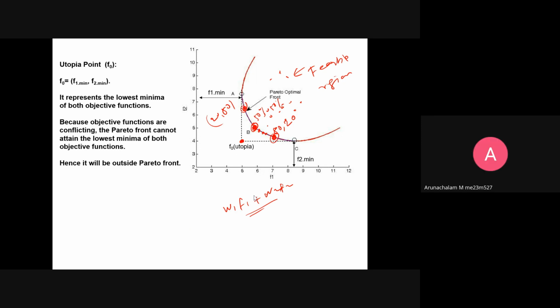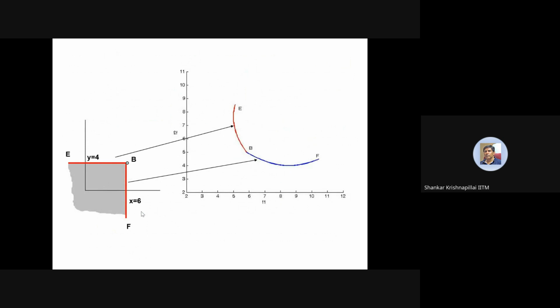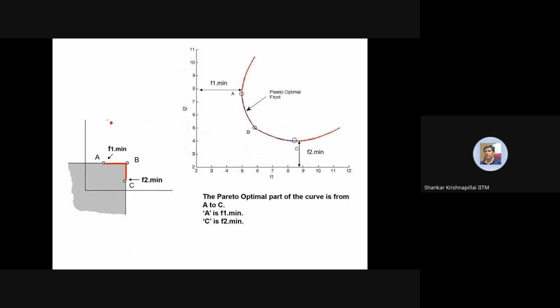In that case, sir, when the utopia point is taken, is it always here? The utopia point is obtained by minimizing F1 alone, a single objective optimization. Then you will get F1 minimum.